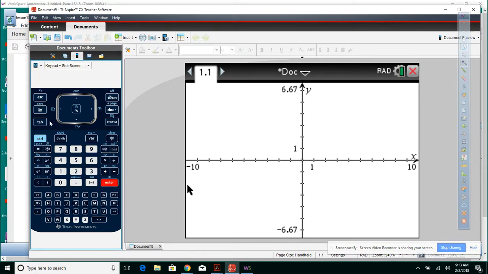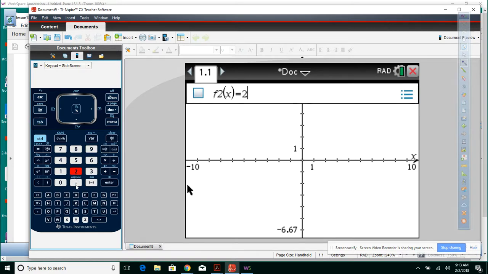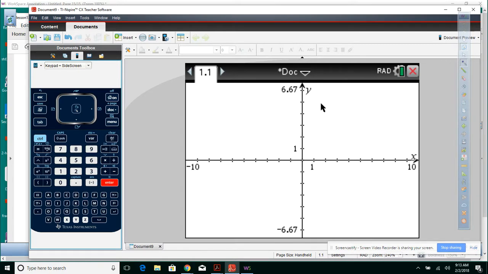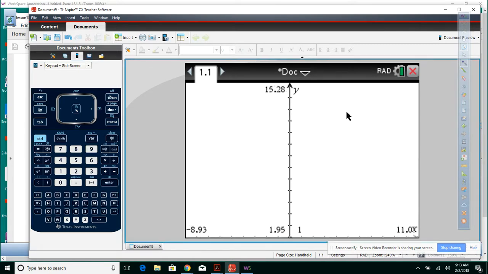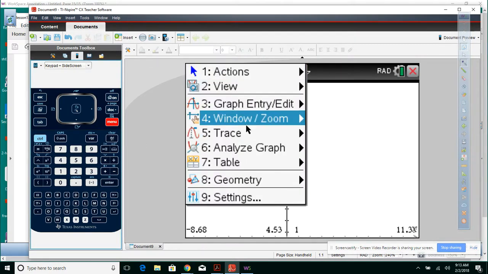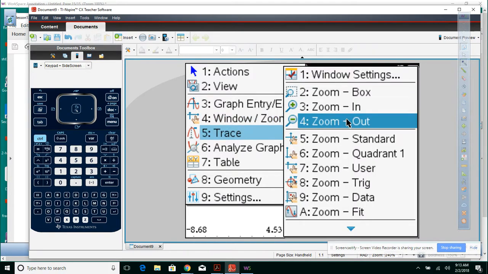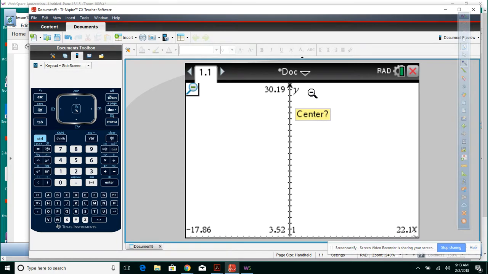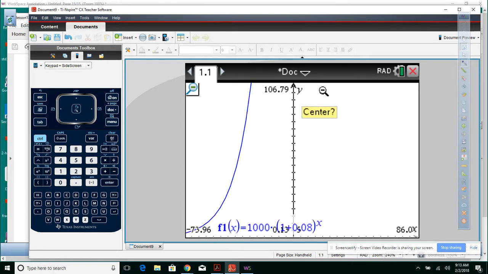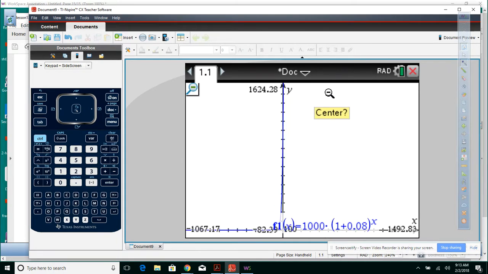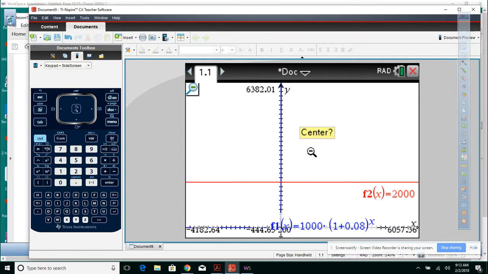I don't see anything. Press tab. Put 2,000. And it's going to be way up there. It might be quicker to do menu 4. Oh, there it goes. It crosses right there.